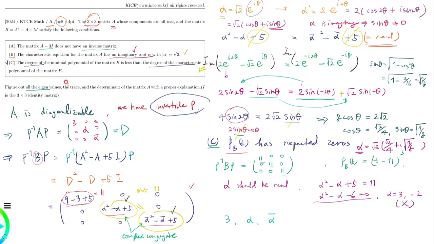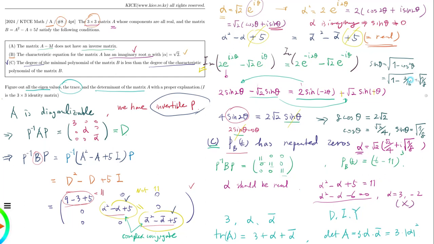Okay, and the trace of the matrix is the sum of its eigenvalues. You can do it, and the determinant is the multiplication of all the eigenvalues. So 3 times the norm of alpha and its square. So please do it by yourself.